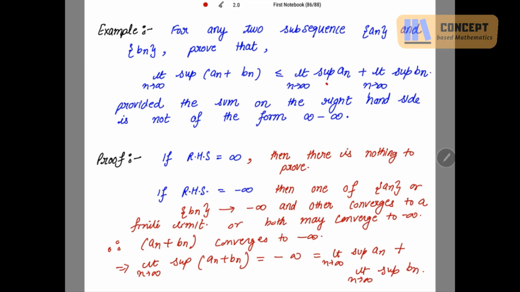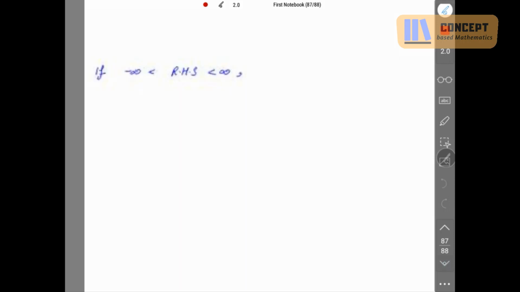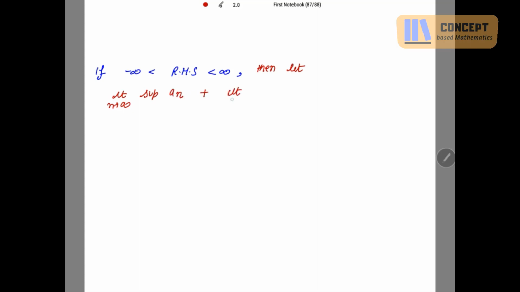Now let's say our RHS is a real number, not plus infinity or minus infinity. Then how can we prove that? This is our RHS part.